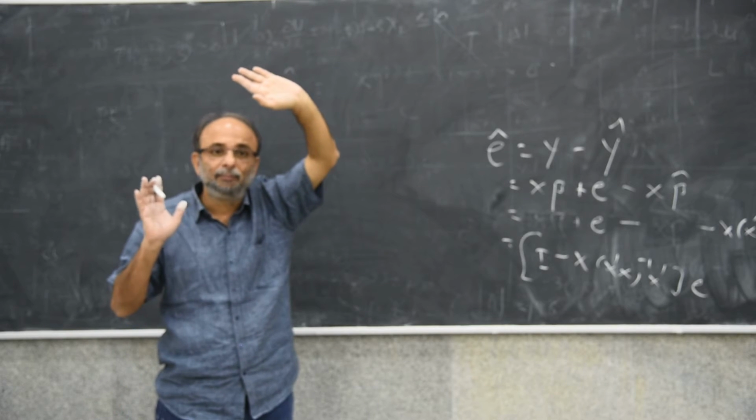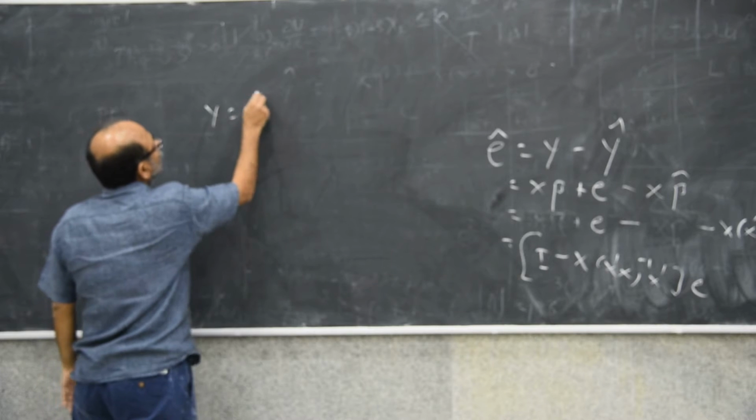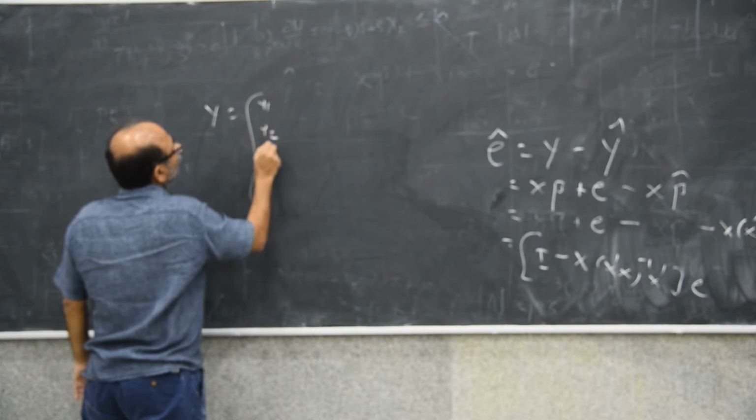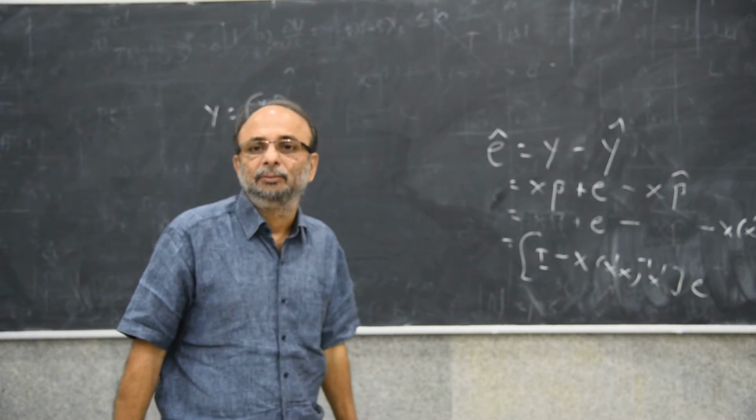So y is equal to y1, y2, y3, keeping things as simple as possible.